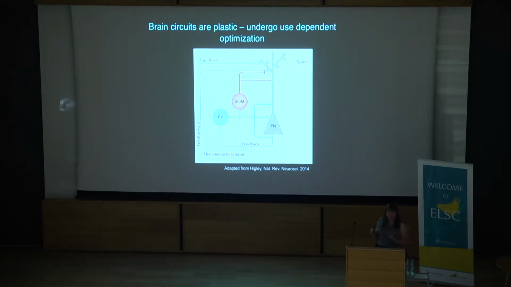generic pyramidal neuron from layer 2-3 that's receiving both excitatory and inhibitory inputs. The excitatory inputs, again simplistically, can be divided into feed-forward inputs from the thalamus or top-down inputs from higher cortical areas.